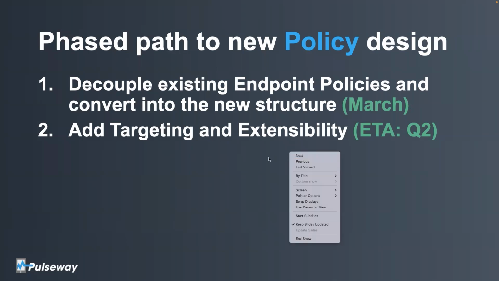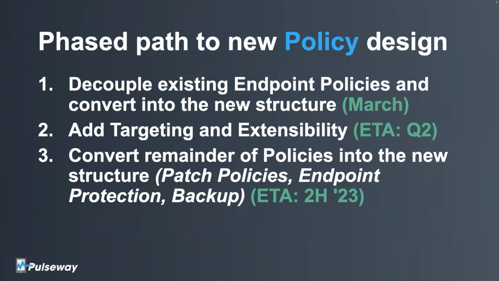and then over the rest of the year, into the second half, we will convert the remainder of the other policies: the patch policy, the endpoint protection policy, the backup policies, etc. We will convert those into the new structure as we've just done with endpoint policy.